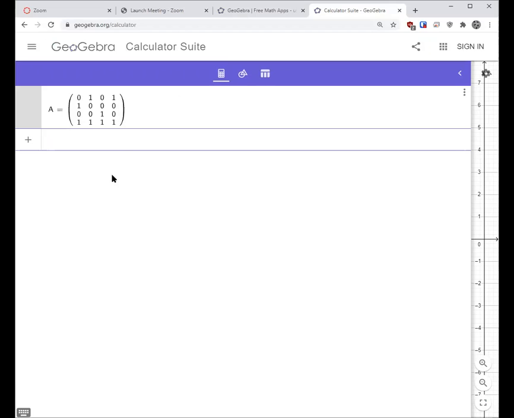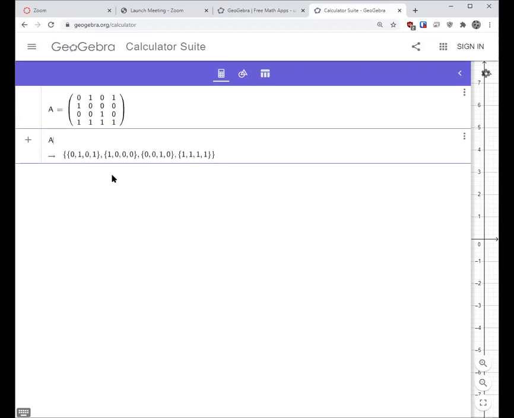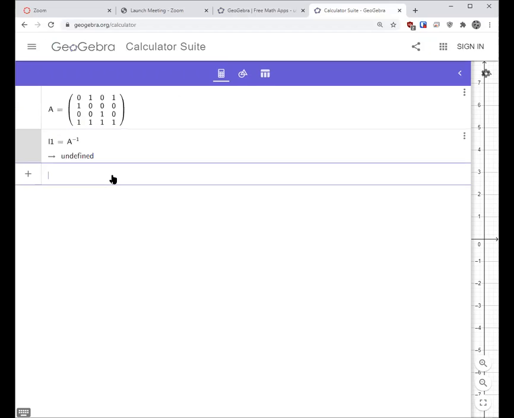And so you can verify that that is actually the matrix from the homework exercise, and it is. And then you just type in A and then put the caret, shift 6, put a -1 there, and hit enter. And it says undefined. So that means that the inverse doesn't exist.